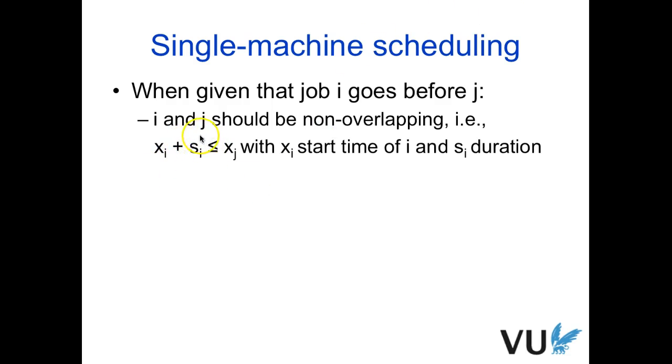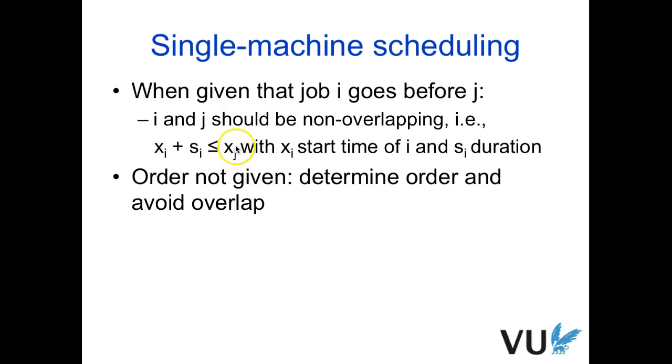Here you have the production time, the time they need on the machine. This is the starting time. This is their end time. So this is the time job i finishes if it starts at x_i. So this here makes sure that these two jobs are non-overlapping.